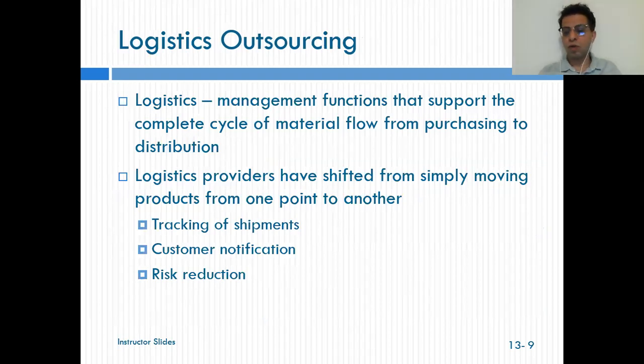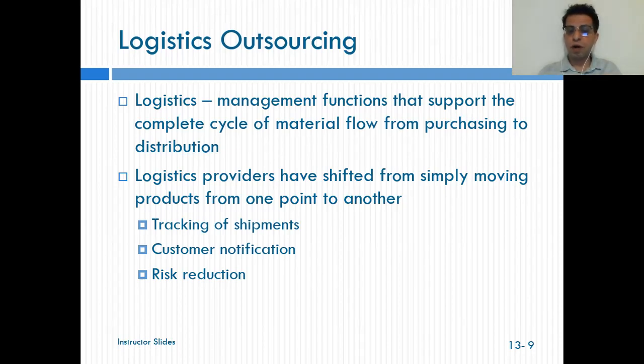There is also what you call logistic outsourcing. Procter and Gamble does that. Johnson and Johnson does that. What's logistics? Logistics is the management function that supports a complete cycle of material from purchasing to distribution.